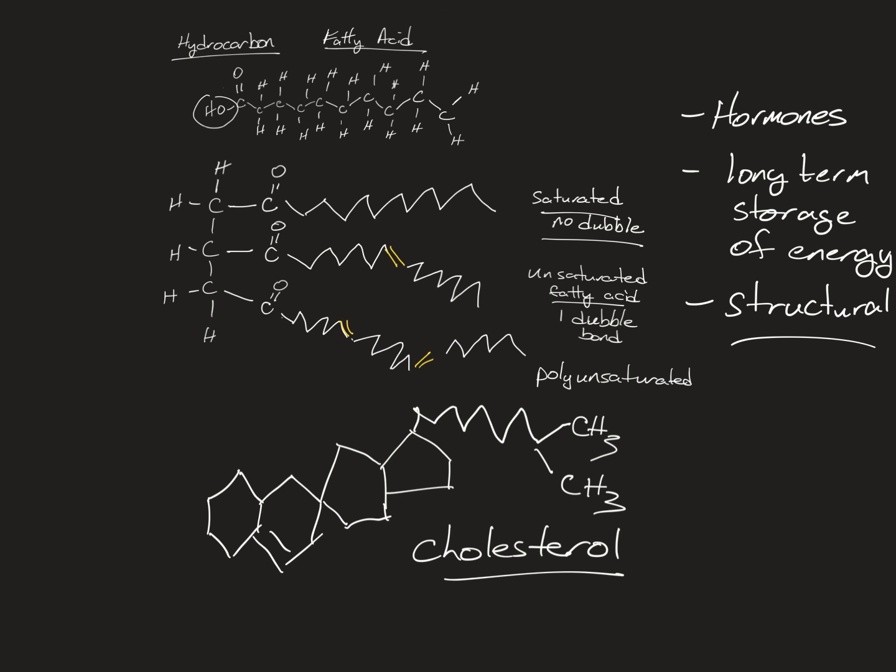So I can see a question where I would ask you on the test, this is a lipid, how can it be used? This is a carbohydrate, how can it be used? This is a protein, how can it be used? Each one has different sets of properties, different qualities. All right, good luck.